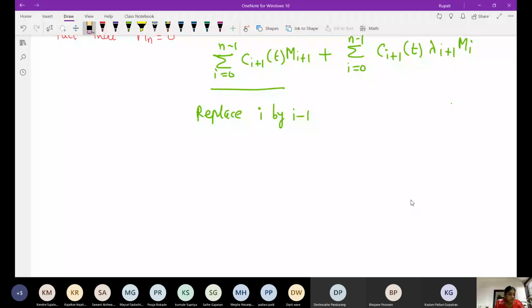I want i minus 1, the index moves one term ahead when I subtract, so my index is 1 to n minus 1. So ci of t mi.